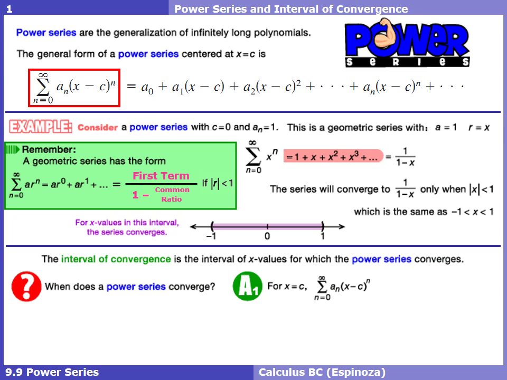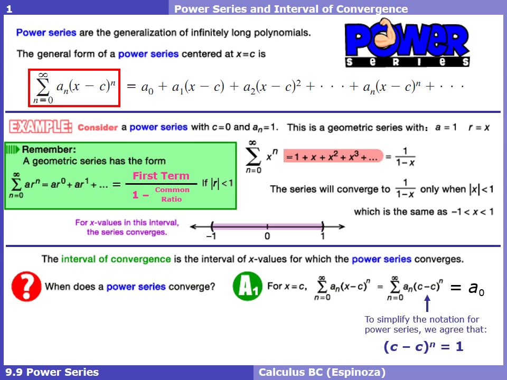Our general power series up here at the top will converge if x is equal to c. The reason it'll converge if x is equal to c is we'd end up with a c minus c here. And to simplify that notation, we just need to agree that c minus c to the n power is 1, because really it would just converge to the first term, or a0.